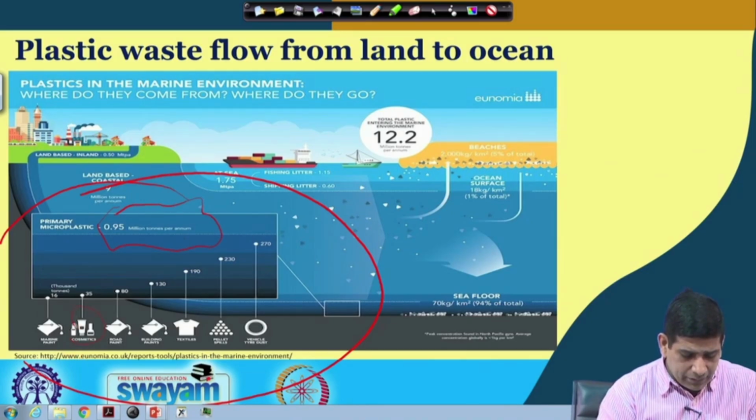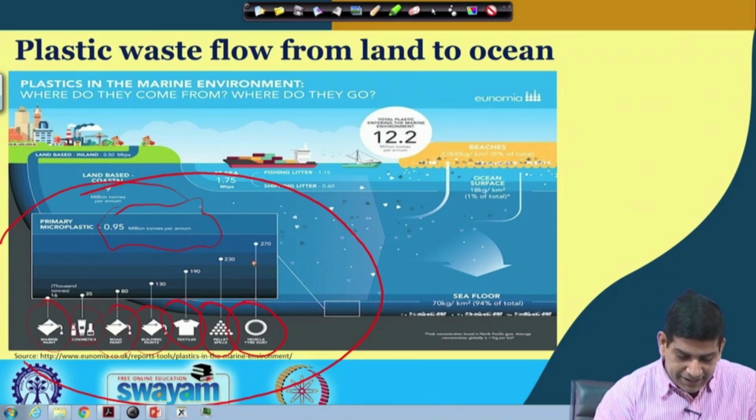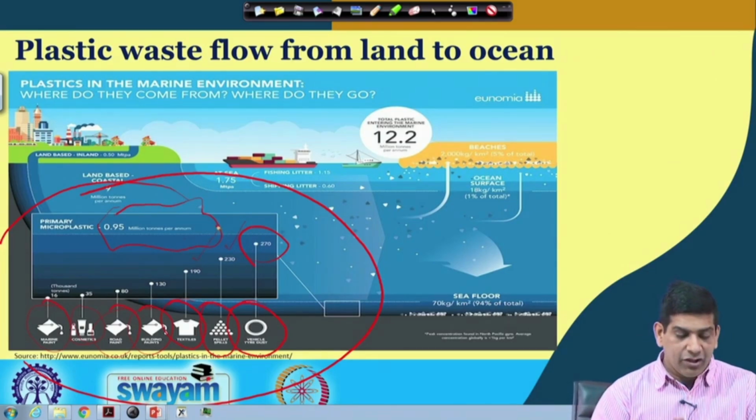We are getting cosmetics. We have some marine paint, which has some plastic as well. We have road paint, building paints, textiles, since many textiles use plastics, pellet spills, and vehicle tire dust. They are all in thousands of tons. Vehicle tire dust is 270,000 tons, then pellet spills is 230,000, then textiles are 190,000 tons.